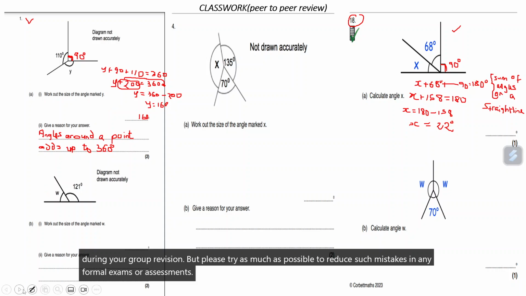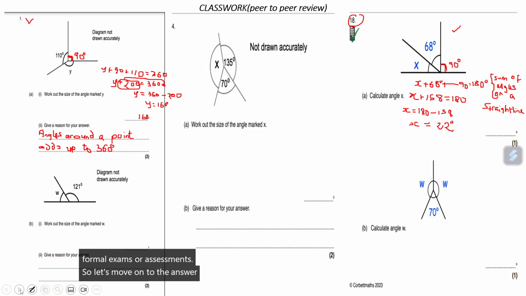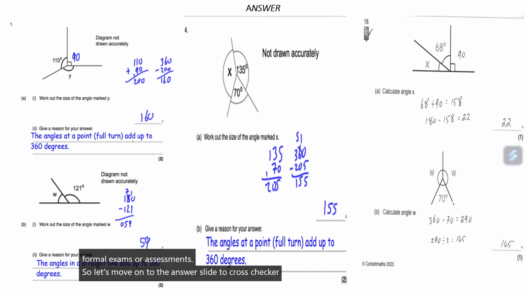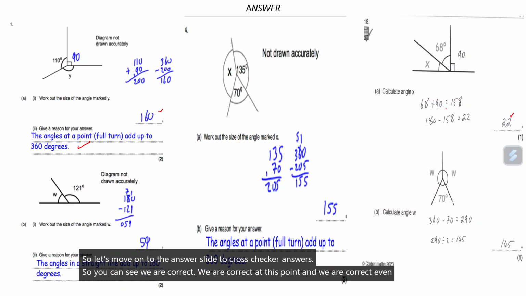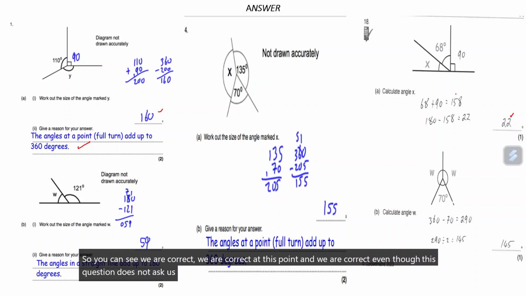So let's move on to the answer slide to cross-check our answers. You can see we are correct at those points. Even though this question does not ask us to state the reason, for me, it's better to be safe than sorry.